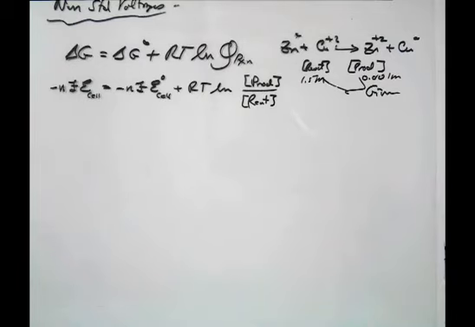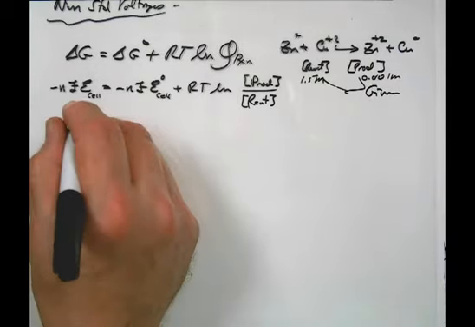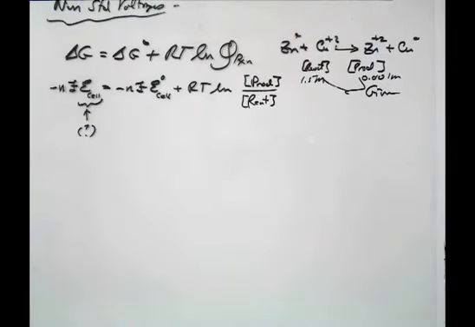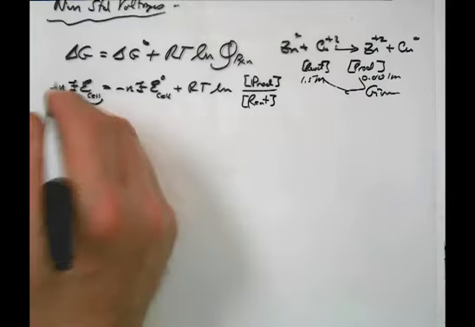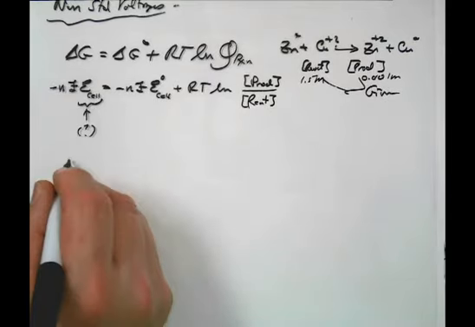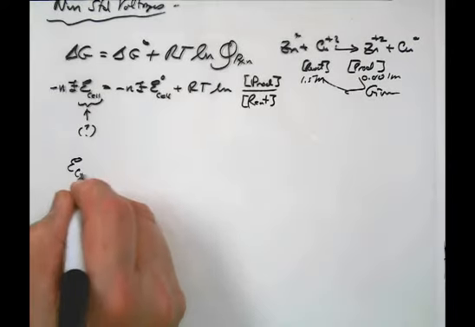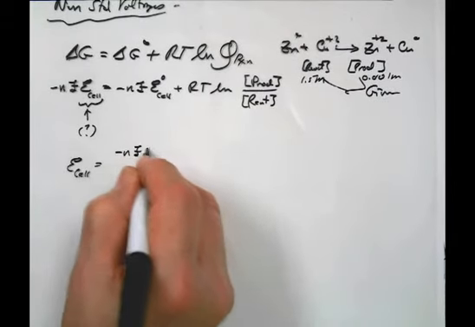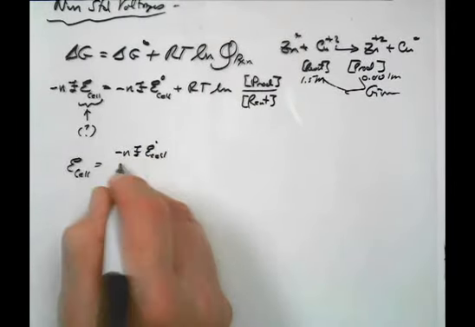Okay, so we have this set up. We're interested in and only in this term right here. Okay? So I'm going to divide through this equation by a minus NF number. Only the F is a constant. I'm sorry. So divide through by the NF, and what happens is this becomes E cell, non-standard, is equal to a minus NFE naught cell over a minus NF.